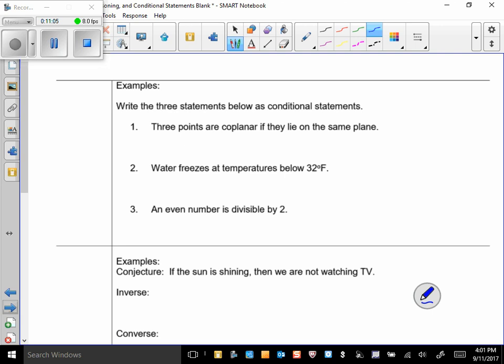3 points are coplanar. Oh, it's already got an if, so I'm just going to say if 3 points. If I've already got an if in there, I'm going to use that as my hypothesis.